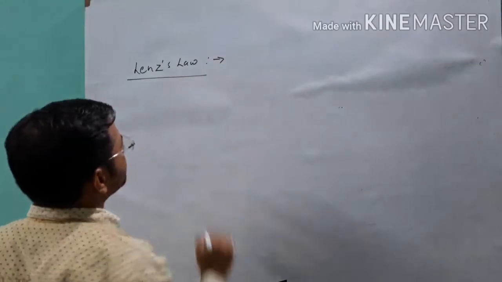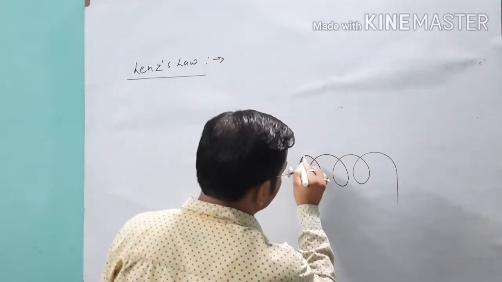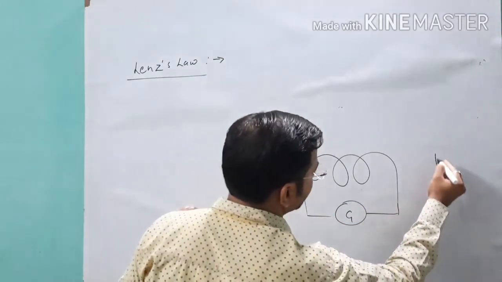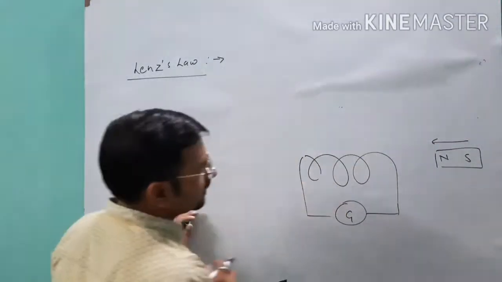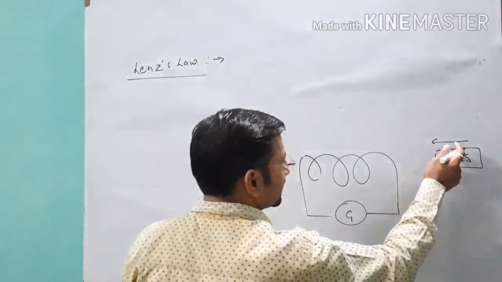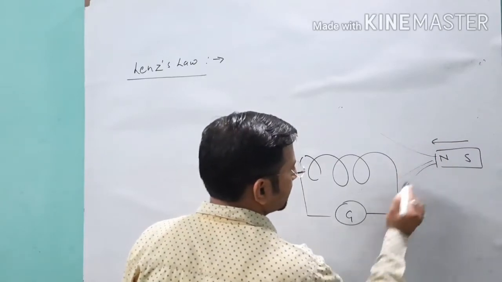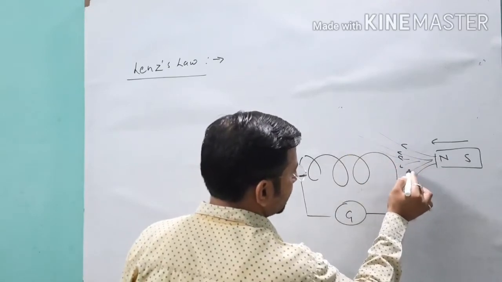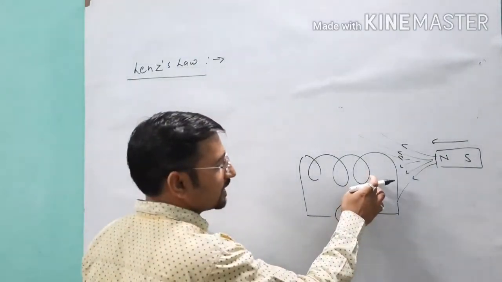So you know this point in case of Lenz law, as we have a coil connected with a galvanometer to show the direction of current, and a magnet does relative motion with respect to this coil, meaning they both are in relative motion with respect to each other. When we carry the magnet toward it, as you know, the magnetic field lines emerge through the magnetic north pole. So when we carry this magnet close to the coil, the number of magnetic field lines increases.